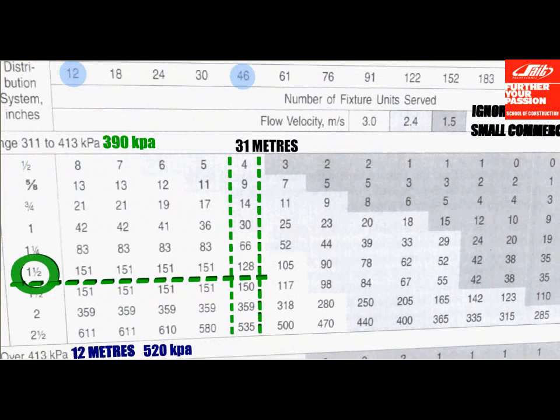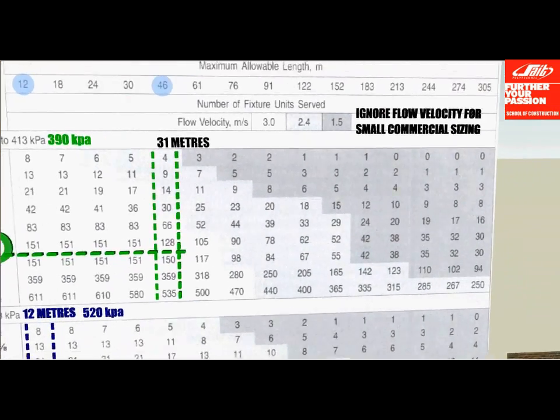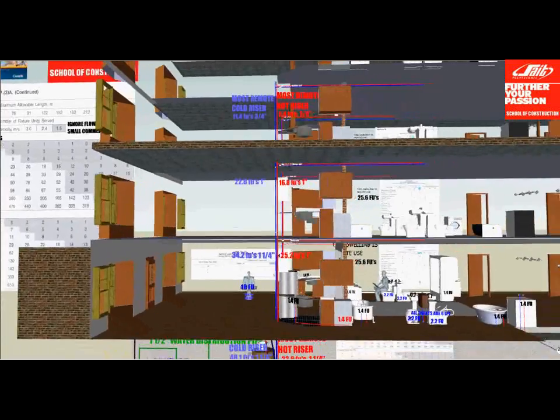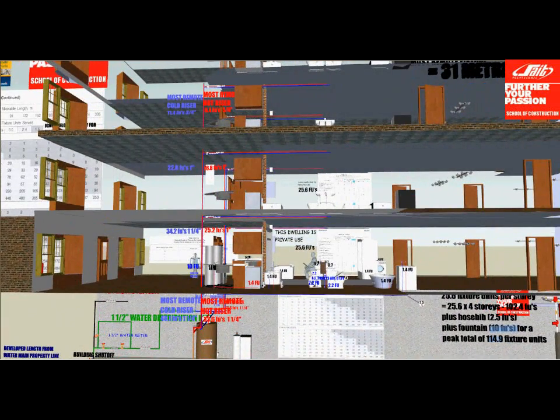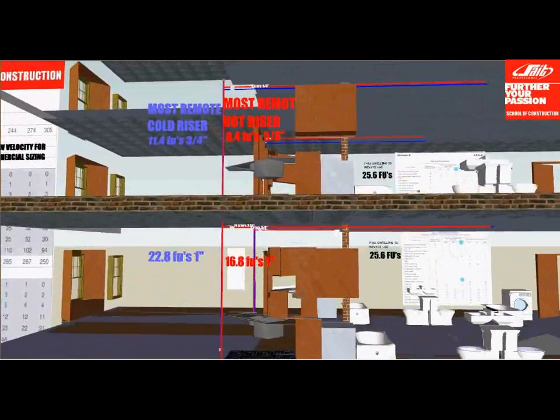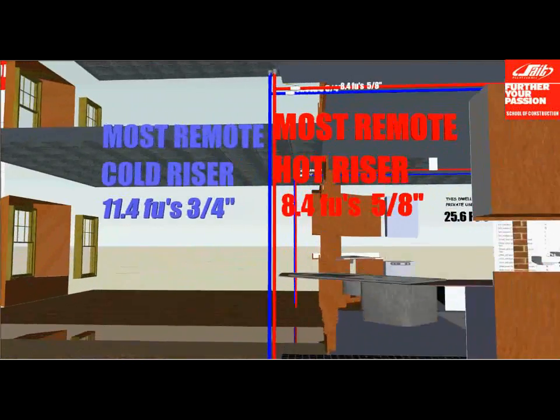As we look at the table, we will notice that 8.4 fixture units equals a 5/8 of an inch size branch on each story coming from the most remote hot riser. Therefore, the top or 4th floor will have a 5/8 of an inch branch and riser.